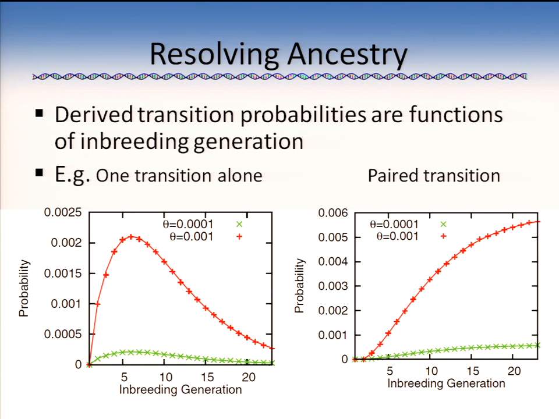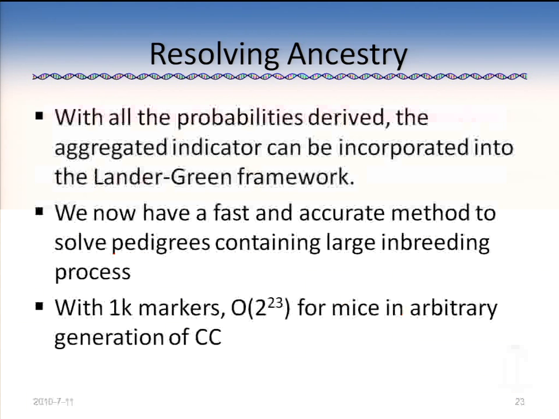This is consistent with our intuition that it grows with the number of generations, but later it is highly dependent, and the single transition is rare. We can see that the paired transition becomes larger in later generations. So we have derived an indicator that can be incorporated into the Lander-Green algorithm.